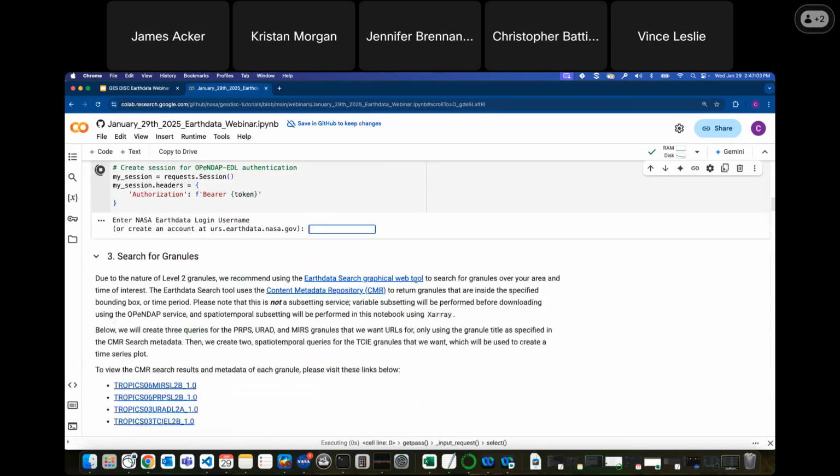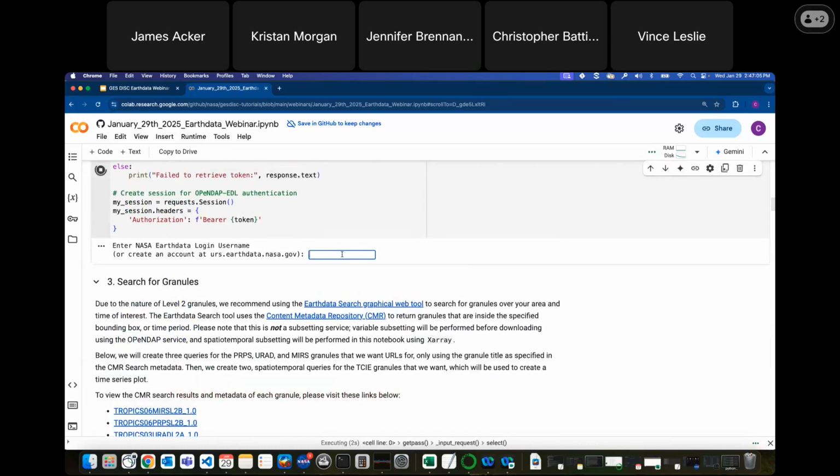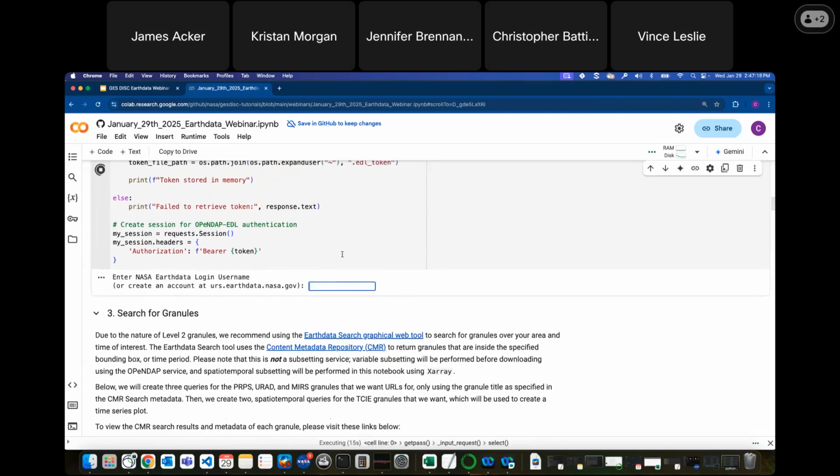So when I run this, near the bottom, it's going to prompt me for my EDL login and password. A quick note, it does not check if the username and password is correct or not. So please be careful when you're typing this in. If you get an error later in the notebook related to an unauthorized access message, feel free to just run this cell again, and it will overwrite the token that is stored.